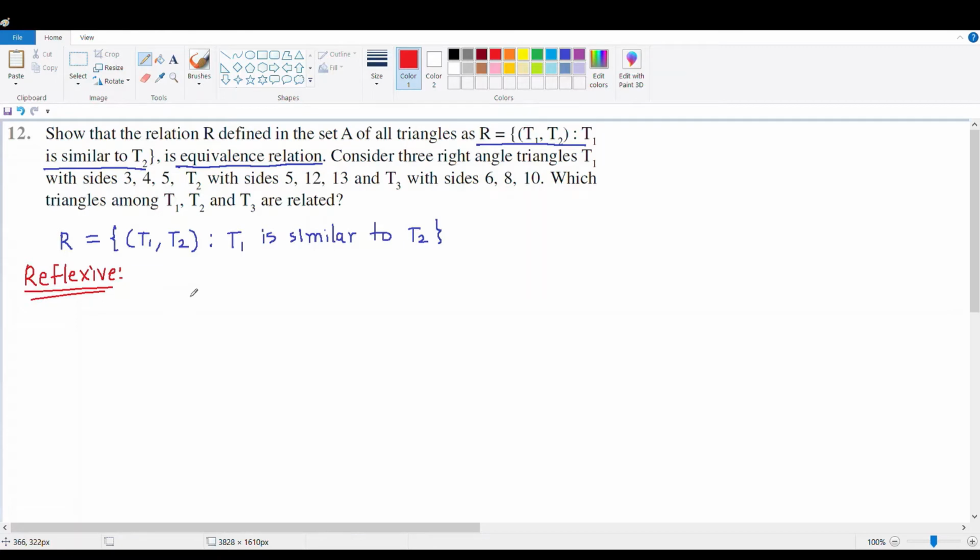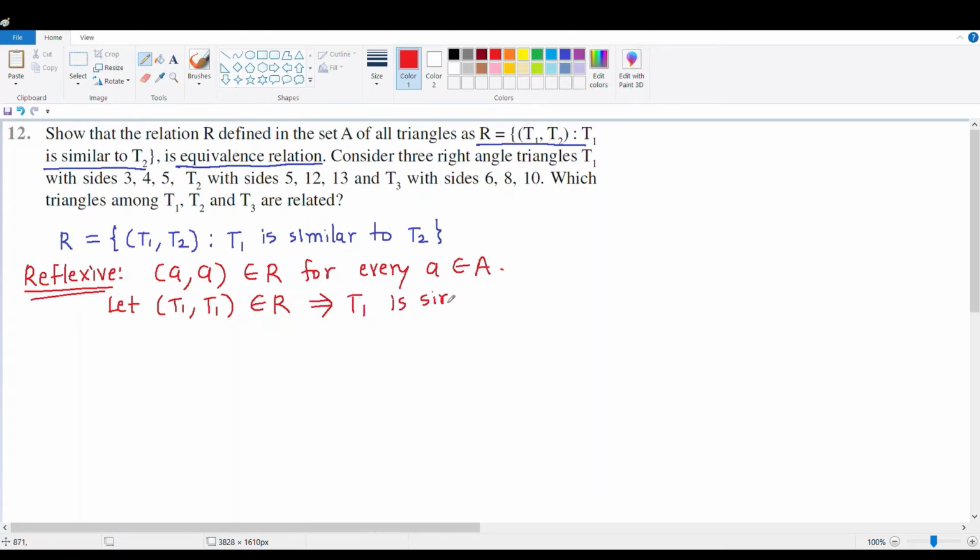Now, what is the definition of a reflexive relation? That you must have (A, A) belongs to R for every A belongs to A. So for this, let (T1, T1) belong to R. That means, from T1 is similar to T2, in this case we can say T1 is similar to T1. Of course it is similar to T1 because it is congruent to T1.